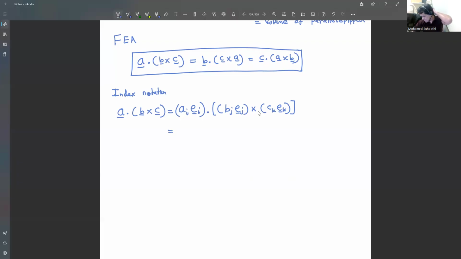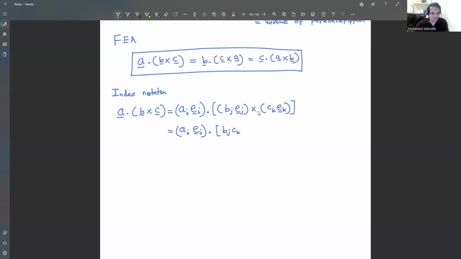So now we'll simplify one by one, right? I'll keep the outside one as it is. Dot product. The inside one, B_j C_k, is just a number, just a normal multiplication, B_j C_k.